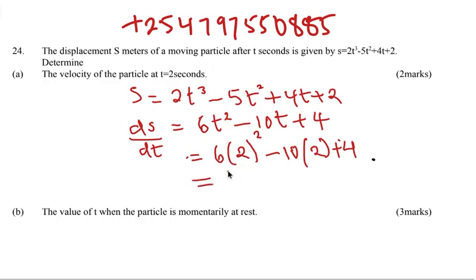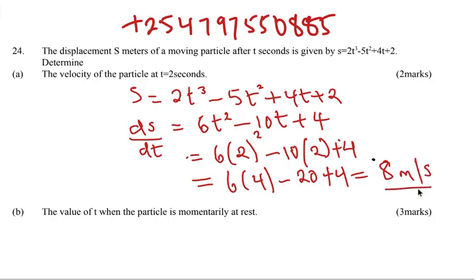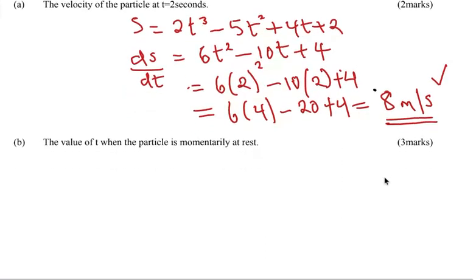So 6 times 4 minus 20 plus 4. So hii ni 24 minus 20 plus 4, 8 meters per second. So swali la kwanza tayari tumepata 2 marks, so si ngumu. Tuingie kwa swali la pili.